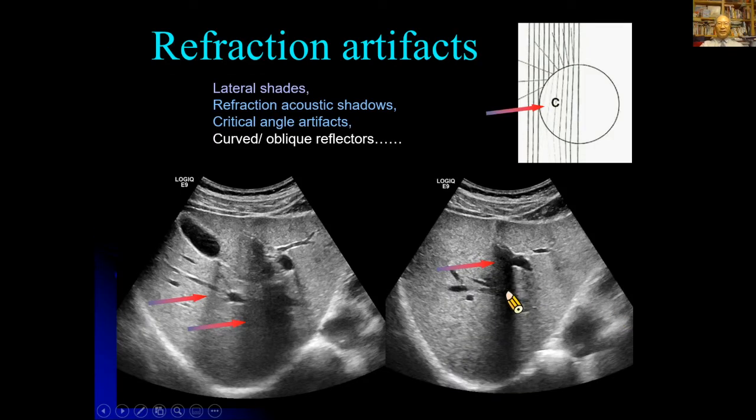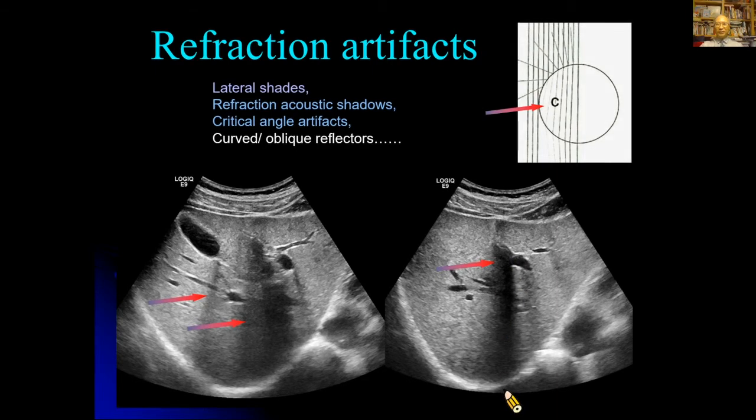And not always on the margin of cystic structures, but sometimes from curved or oblique reflectors. Here is an example from the falciform ligament or round ligament, also a kind of reflection artifact.